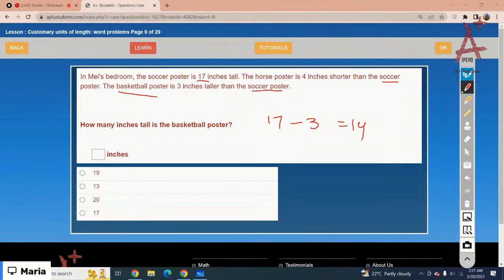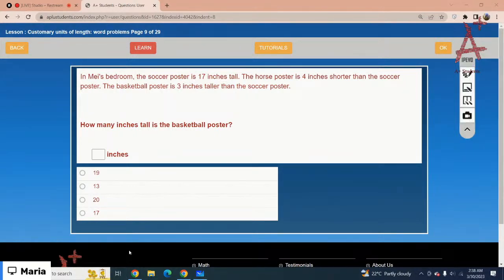Got it? So the correct option is 14. Taller, it would be 17 plus 3. Got it? So 17 plus 3 is 20. So the correct option is 20.